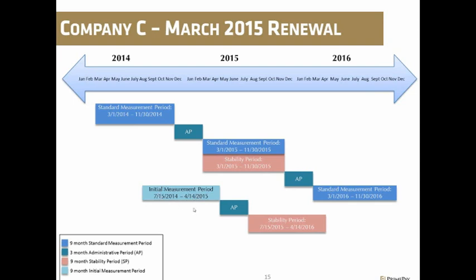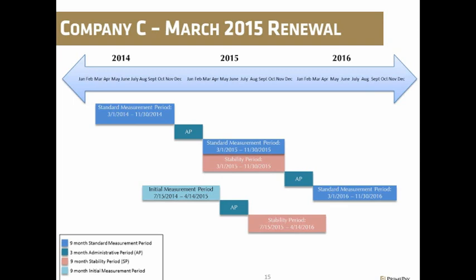Now, also just keep in mind, I just want to keep referencing it. This new hire is being measured in their own initial measurement period, but starting March 1st, 2015, they will actually begin to be measured under the ongoing standard measurement period.